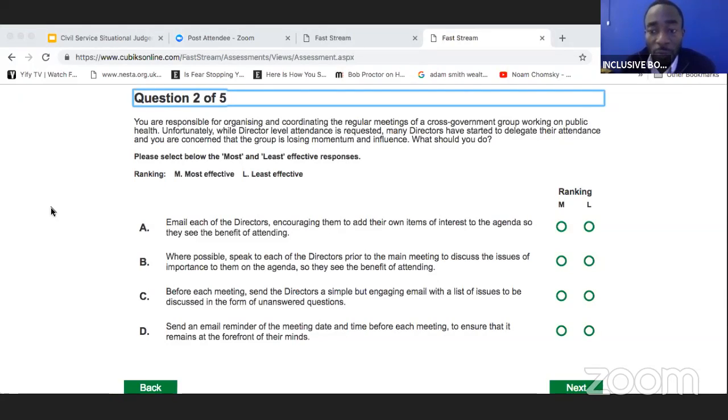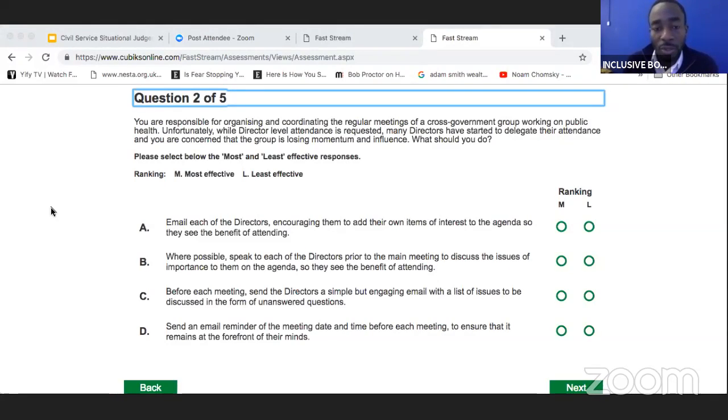Whereas A says email each of the directors, encouraging them to add their own items of interest to the agenda so they see the benefit. I'm going to focus on that slightly. Going back to making an effective decision, if you compare speaking with someone to emailing someone, you would get a much quicker answer if you ring and speak to them.